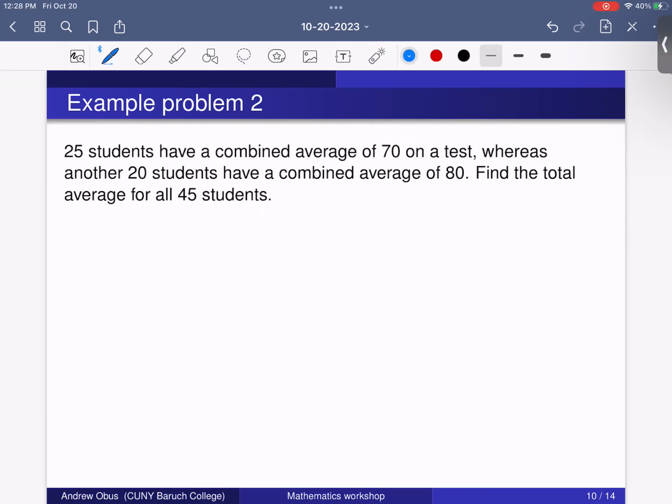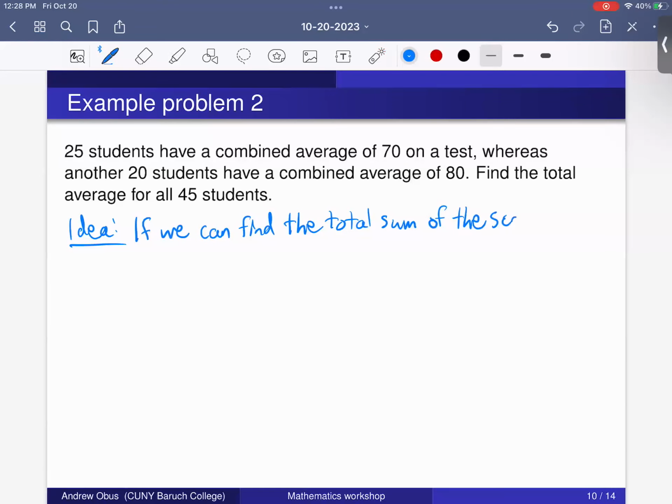So I'll give an idea, and then maybe I'll let you give some of your ideas. If we can find the total sum of the scores of all 45 students, then we can answer the question.